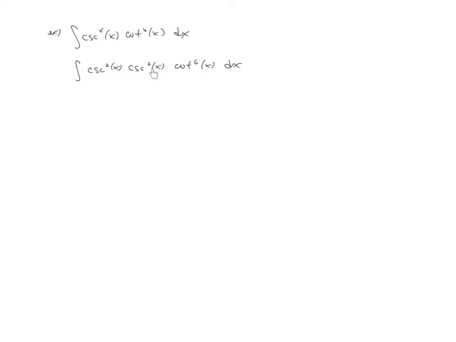So let me go ahead and take this one as well and use the Pythagorean identity, converting it into some cotangents. So cosecant squared, and then this would be 1 plus cotangent squared with a cotangent to the 6th off to the side. And as I mentioned before, now if we let u equal cotangent of x, then du is going to be negative cosecant squared of x dx. So a nice fit.